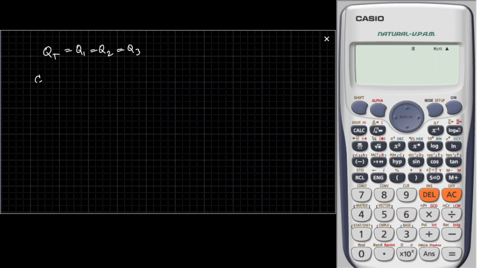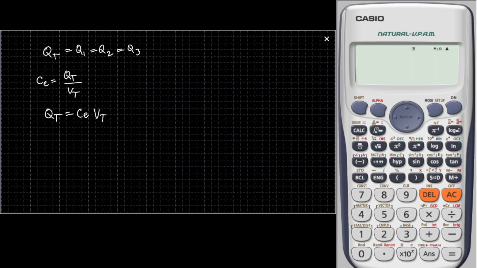Remember the capacitance is equal to QT over VT. So we are solving for the total charge to get everything, right? So QT would be equal to CE times VT.